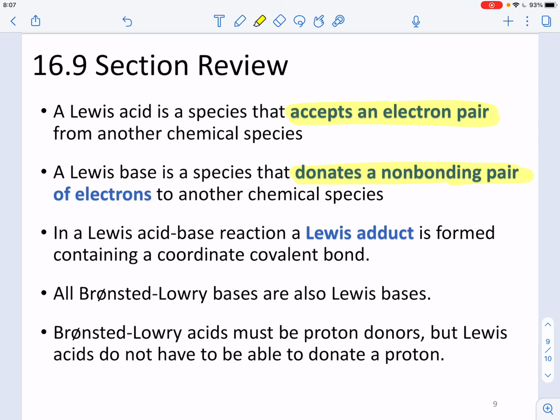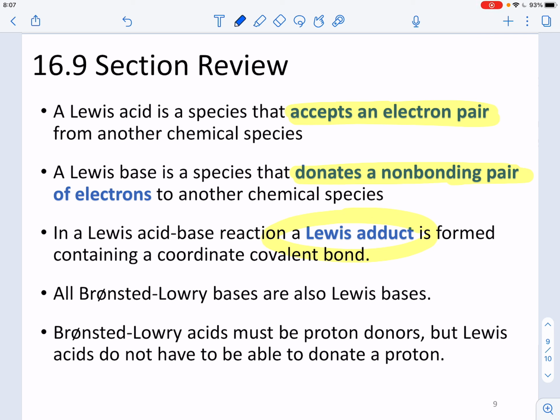Okay, it's a requirement that you have a non-bonding pair, a lone pair, on the Lewis base. The initial product of a Lewis acid-base reaction is a Lewis adduct, in which you are forming a new bond in which the electron pair that forms that bond comes from only one of the atoms. Okay, that's what is coordinate.